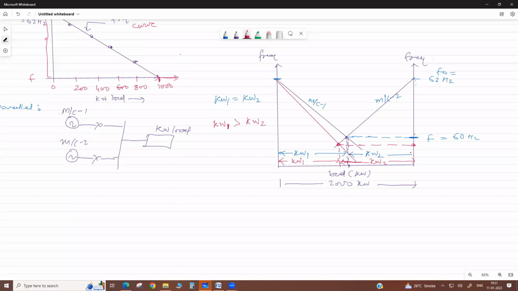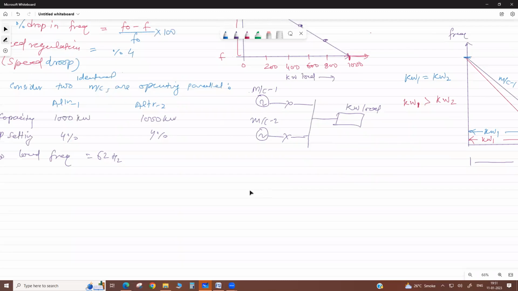Now this is the new operating point, and see, the overall frequency also drops if the droop setting is changed.